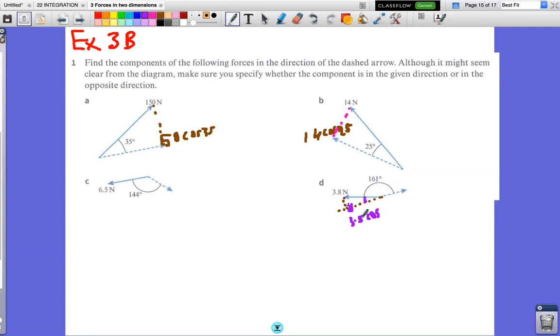Now, if you use 3.5 cosine of 161, you are going to get a negative value to show you that the force is in the reverse direction to this direction. And for this one, you can also use 6.5 cosine of 144, but this will also give you a negative value to tell you that the force is in that direction instead.